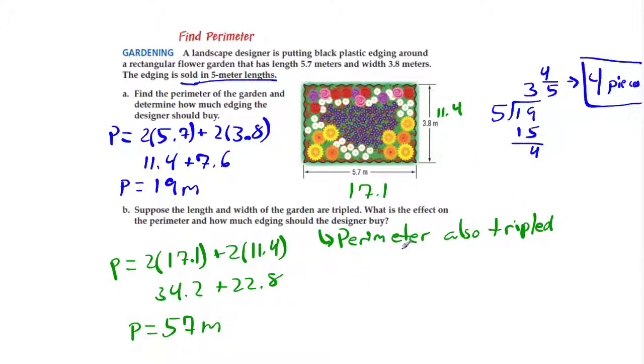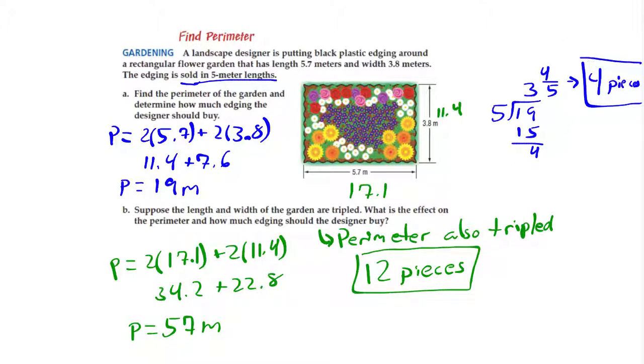Since the perimeter is tripled, maybe we need 12 pieces? Well, if we're sold in 5-meter lengths, if we buy 12 pieces, that's going to cover 60 meters. If we buy 11 pieces, that would only cover 55 meters. So yeah, we will need 12 pieces, which is exactly triple what we had before.